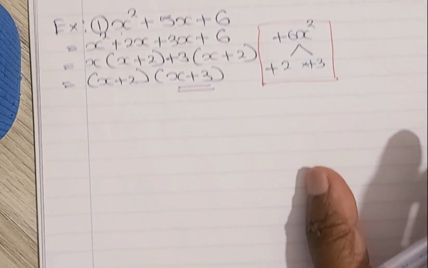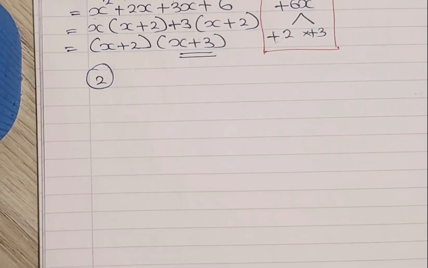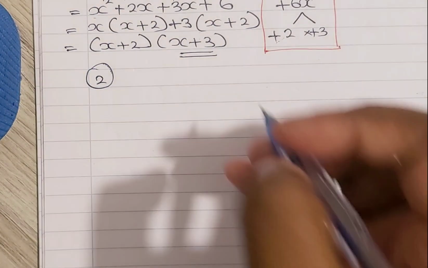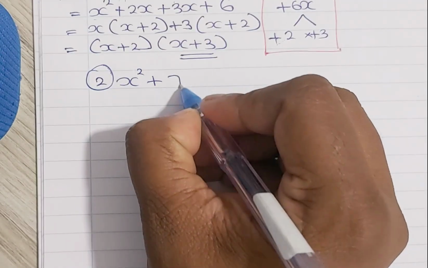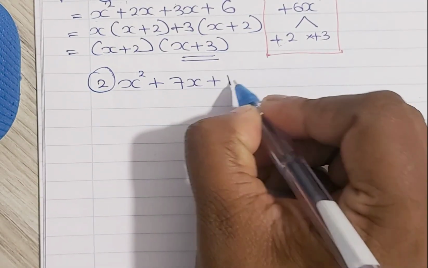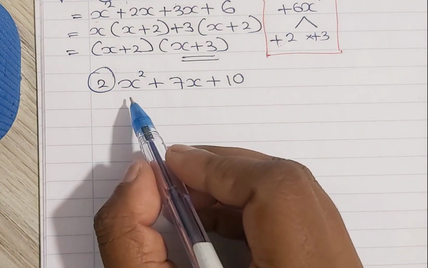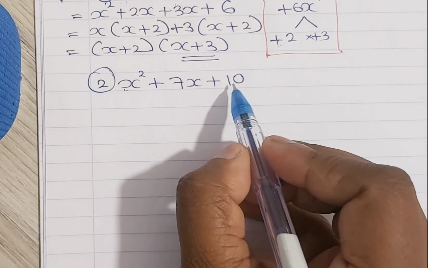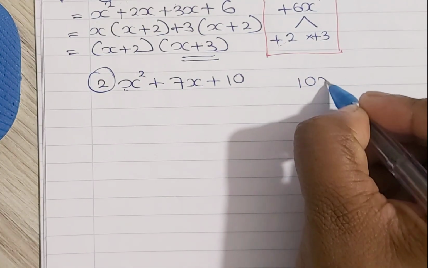Then we can go for the other example. In the second example, I am taking x squared plus 7x plus 10. You can see that multiplying the first term and last term together gives plus 10x squared.